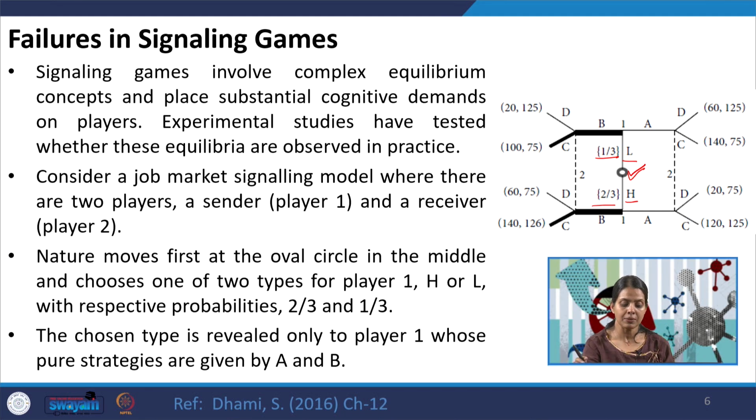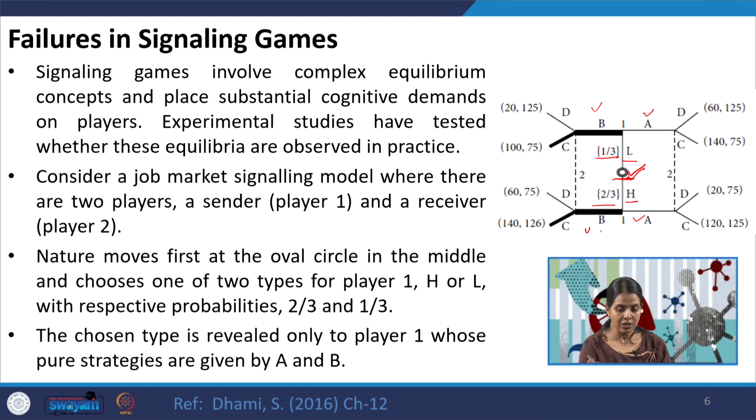The chosen type is revealed only to player 1, whose pure strategies are given by A and B. Both types H and L have two strategies, A and B, but who is going to play is chosen by nature and revealed only to player 1.